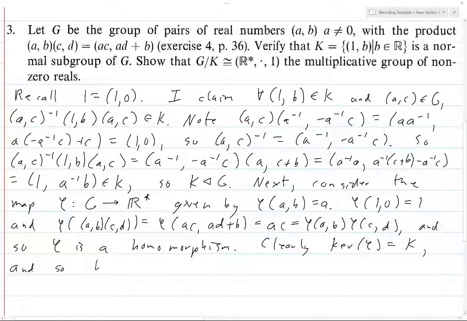And so by the fundamental theorem of group homomorphisms, G modded out by its kernel is isomorphic to the group that it maps into, which is R star with multiplication and an element 1. And there we go. We've finished this proof.